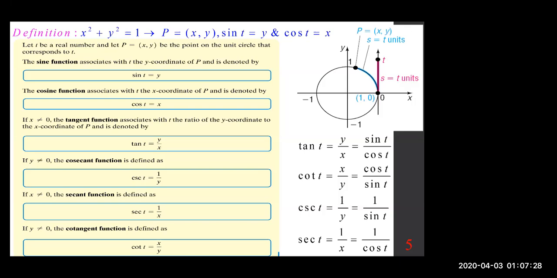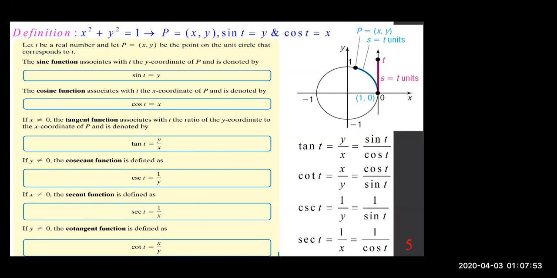X is cosine and y is sine. As long as we remember that, then we can get the rest of it. So again, any pair has coordinates x and y. The first coordinate x represents cosine and the second coordinate y represents sine.